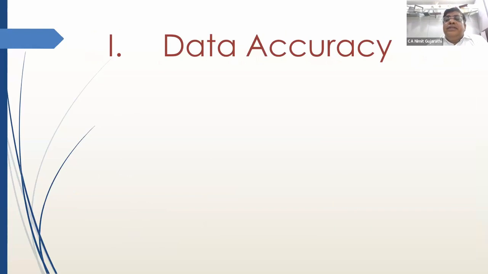Now to the first requirement of our reporting, that is data accuracy. I am going in the reverse manner so that you will understand from the end point how to reach the start point. Okay.